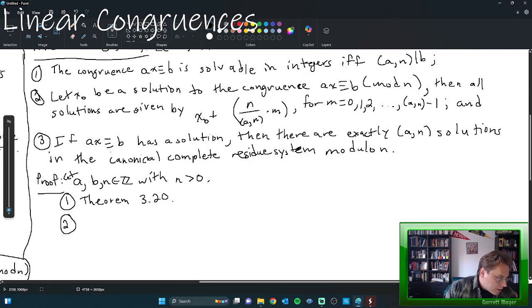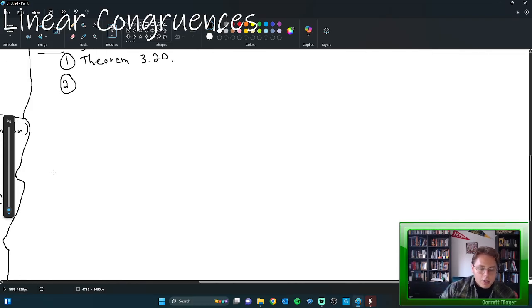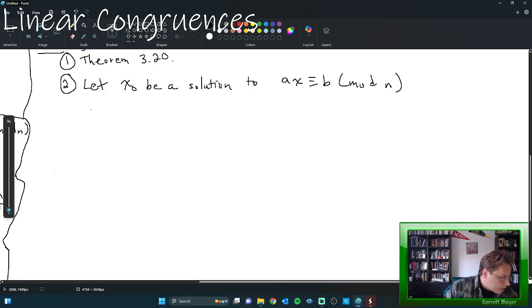But for two, now we can actually start solving more interesting things. So for two, we're going to let x naught be a solution to ax is congruent to b mod n. So that's step one.